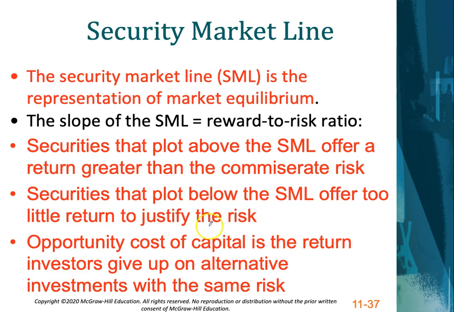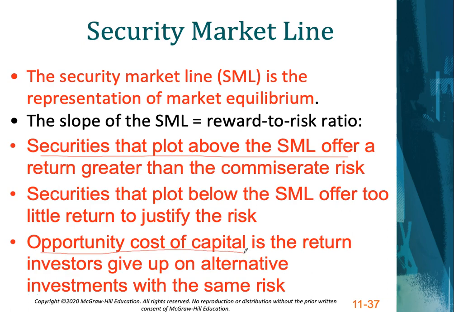And then there are times that some securities might plot above the line. If they do, then they have more return than they have risk. If they plot below that line, they don't have enough return to justify the risk. And one other thing to keep in mind is opportunity cost of capital.